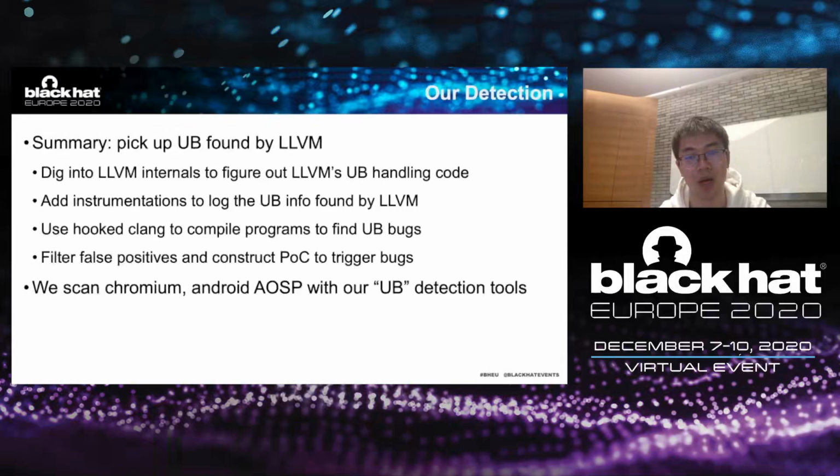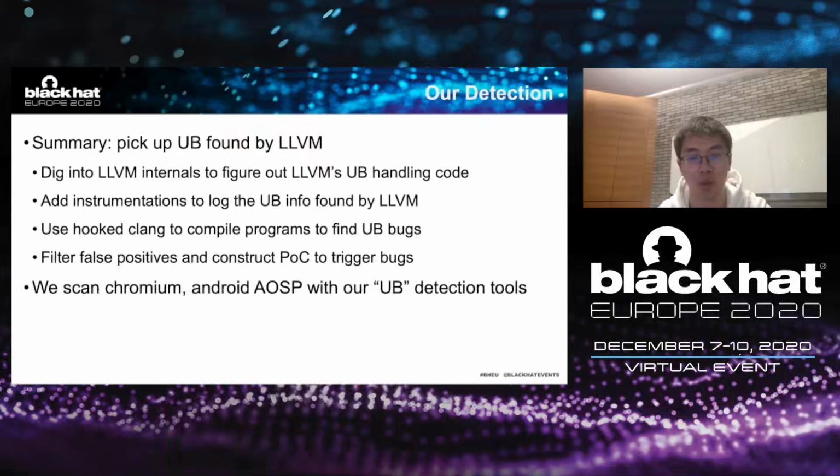Okay, let me sum up our detection approach. First, we dig into LLVM internals to figure out LLVM's undefined behavior handling code and add instrumentations to log the undefined behavior info found by LLVM.